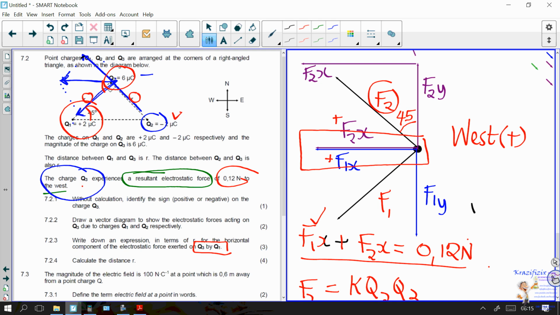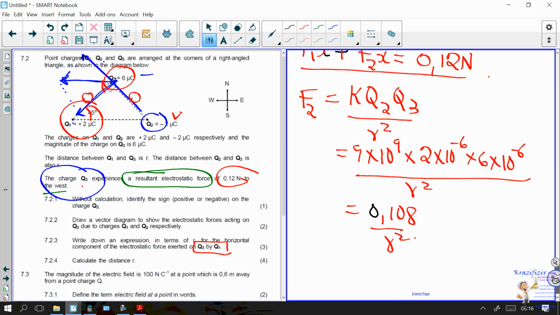Now, if you look at the side, this side now is opposite. So I can now say that sine 45 equals F2x divided by what? F2. So my F2x is F2 sine 45. I hope that makes sense.